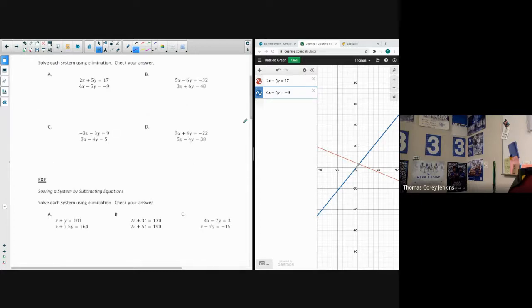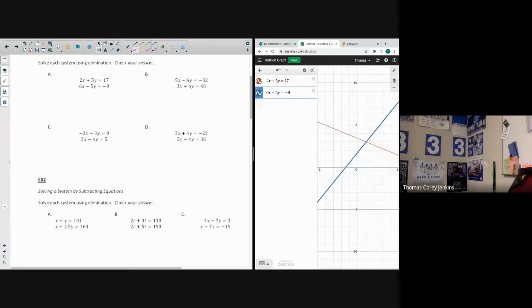Looking at 1A, it says solve each system using elimination and check your answer. We're going to check our answer before we do any work by inputting into Desmos. So it says 2x plus 5y equals 17, and 6x minus 5y equals negative 9. We're going to see where they cross. I'm zooming in because I'm way zoomed out. Okay, that looks a little better.